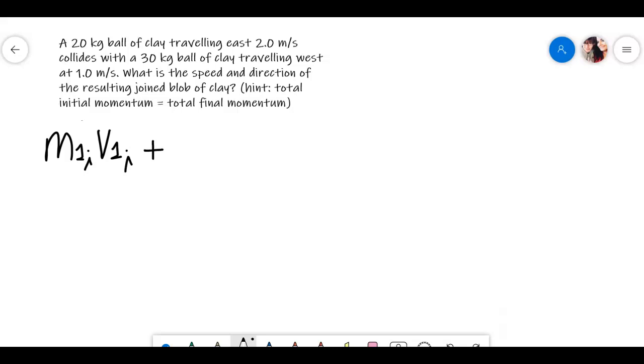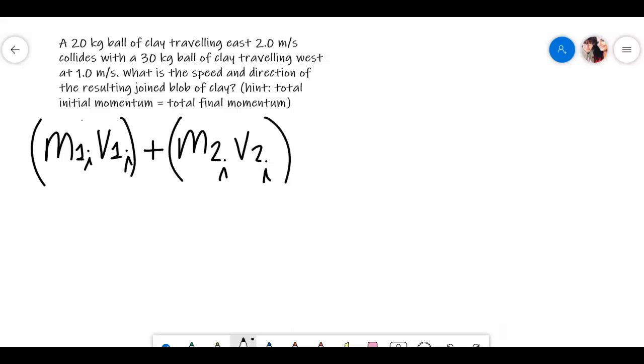And then I have to add to that the initial mass and the initial velocity of my second object. Okay? So these two momentums will give us the total momentum before the collision.